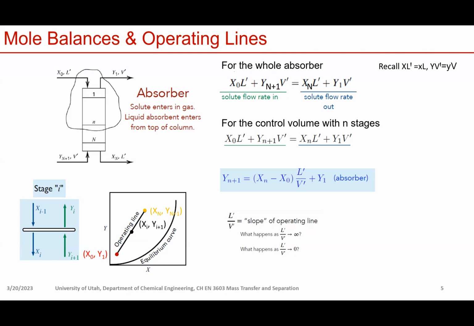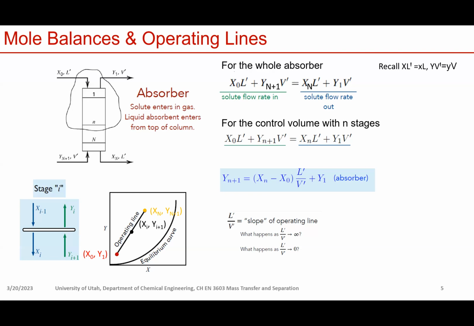So now, if we just pick a random point on this line, let's say the coordinate of that point is xi and yi+1, what does this point mean? Right.